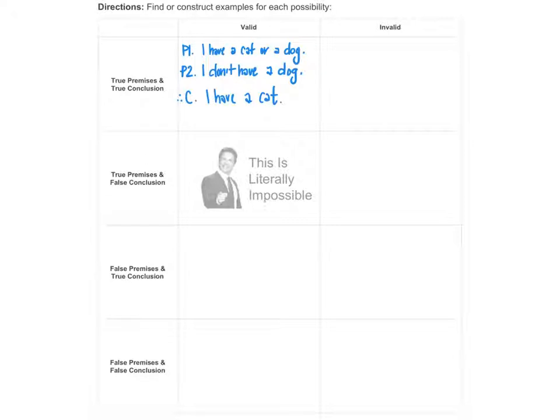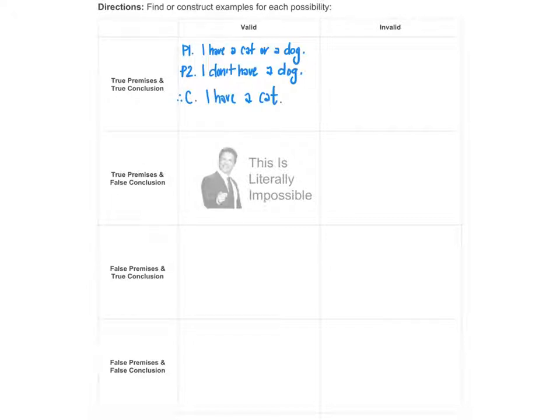Alternatively, if the premises are true, the conclusion has to be true. So if it's true that I have either a cat or a dog and I don't have a dog, then I have to have a cat. It's impossible for both of these premises to be true and then the conclusion false. So if that's clear, that is what it means to say that this is a valid argument.